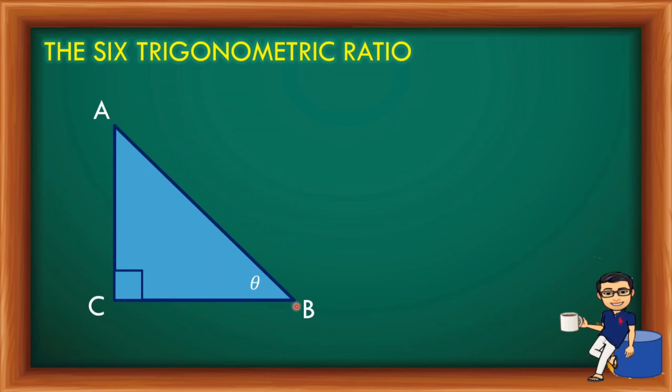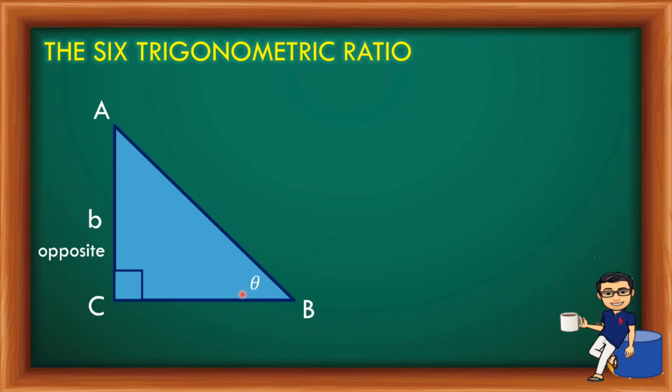The side opposite this angle B or opposite angle theta is this side, which is called side b, and that side b is what we call the opposite side of angle theta.